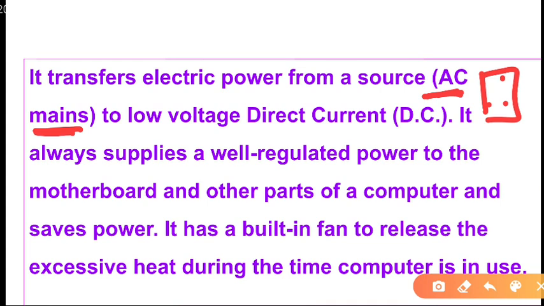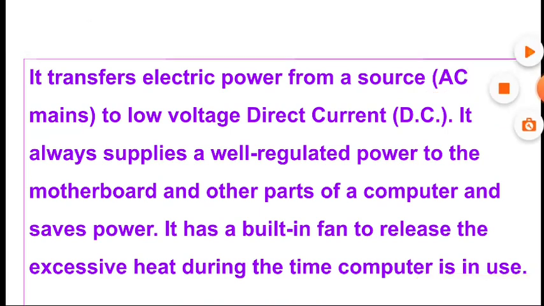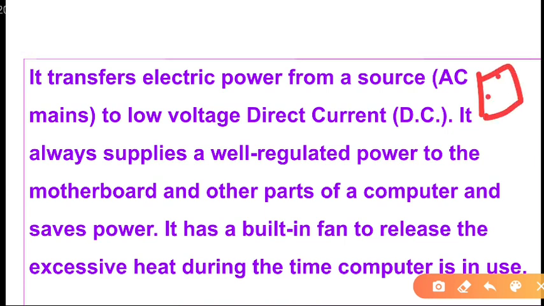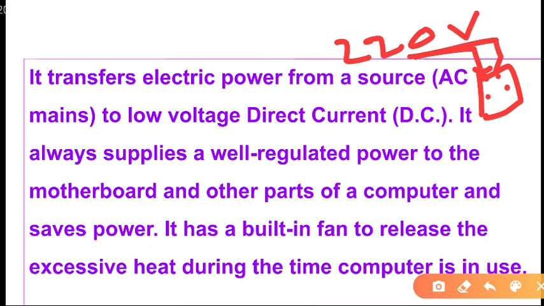These sockets contain a current of very high voltage, a voltage of 220 volts. In India we get a voltage of 220 volts in our AC mains.